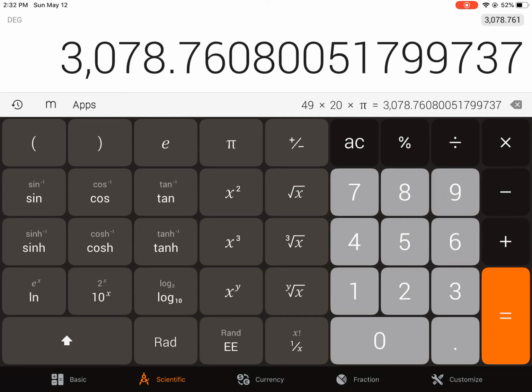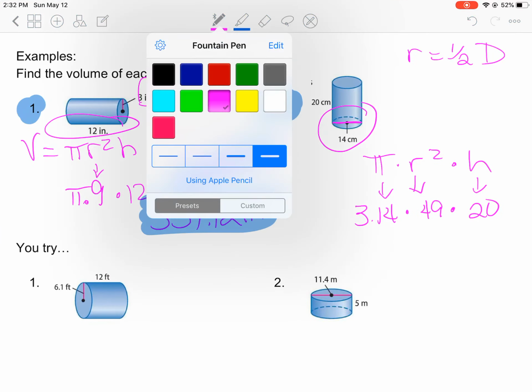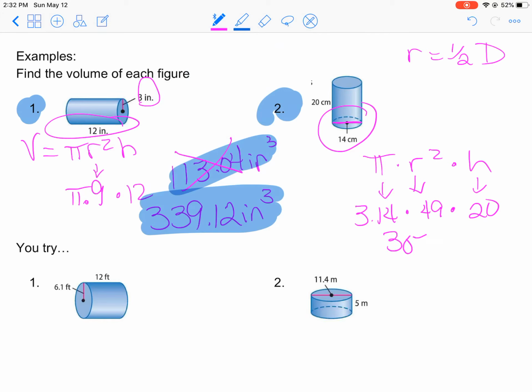So we're going to round to the hundredths place. 3078.76. So usually when you do these, and this is going to be centimeters cubed, your final digits might be just a little bit off depending on if you use the pi key or 3.14. So don't worry about that too much.